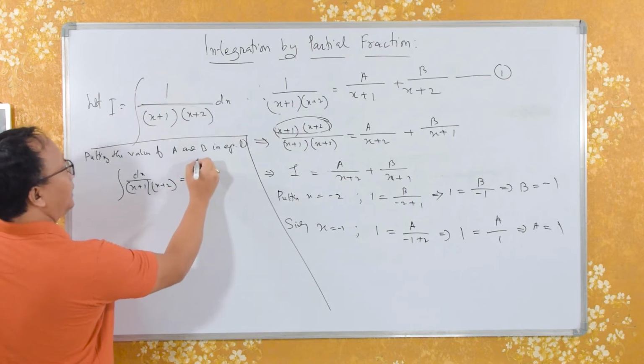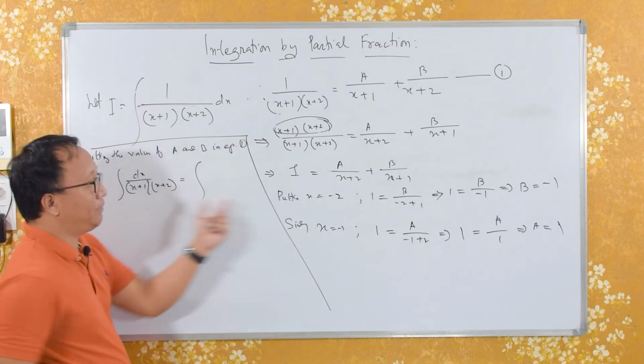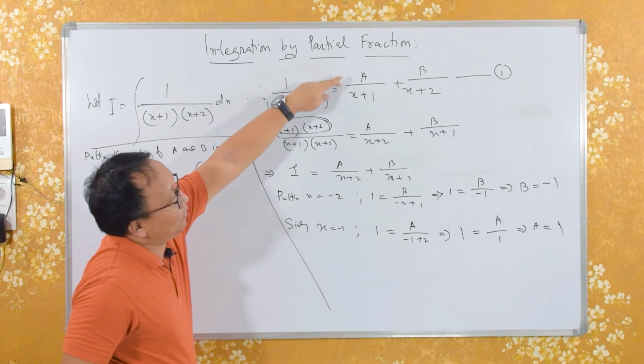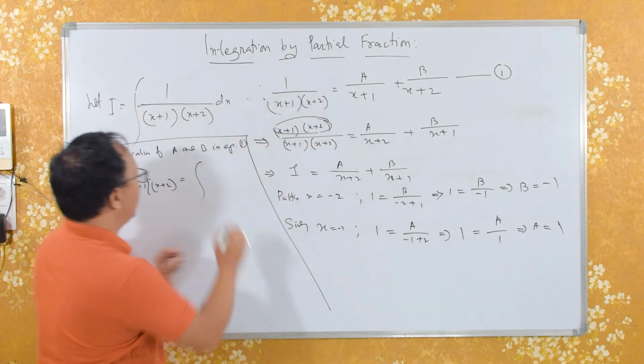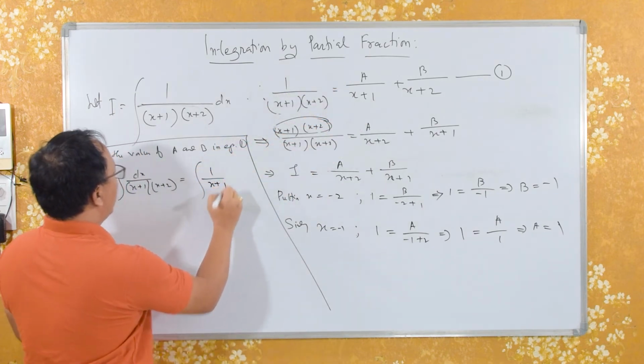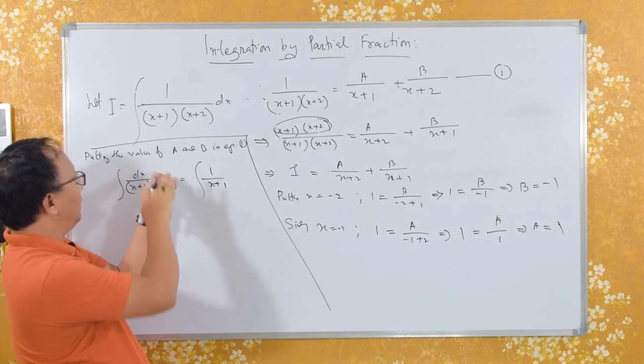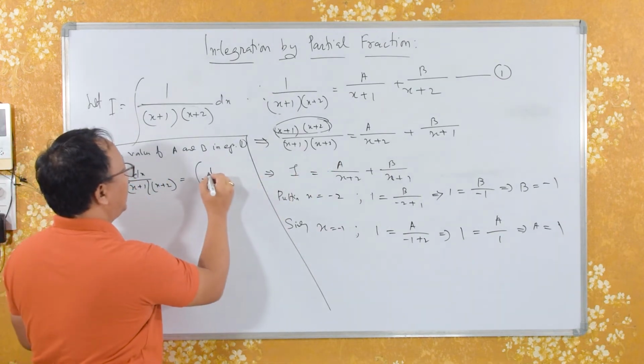dx will be same as, a is 1, so 1 upon x plus 1. Since I assigned the integral on the left hand side, I will be writing the integral everywhere.